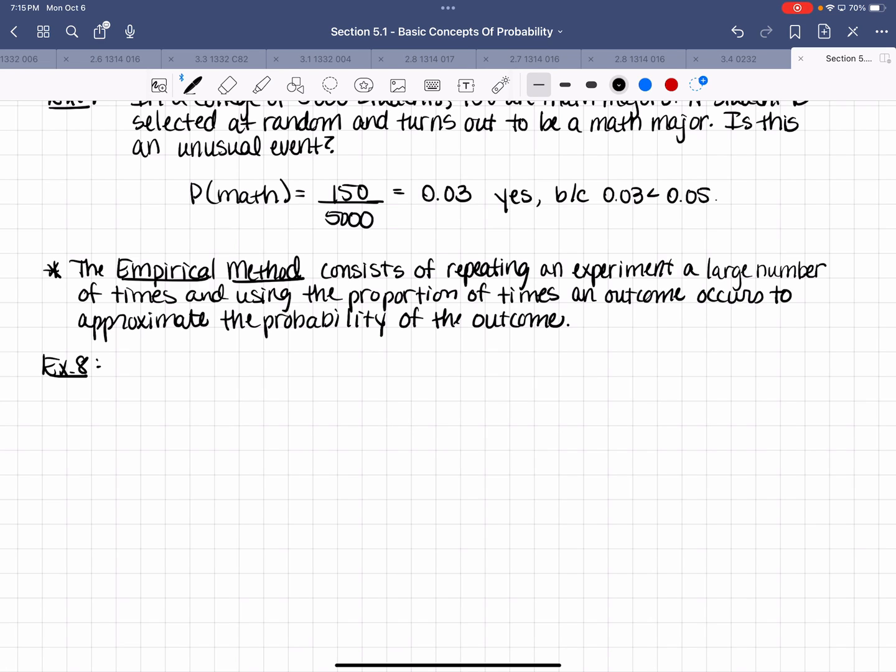Example 8. There are 10,000 voters in a city.